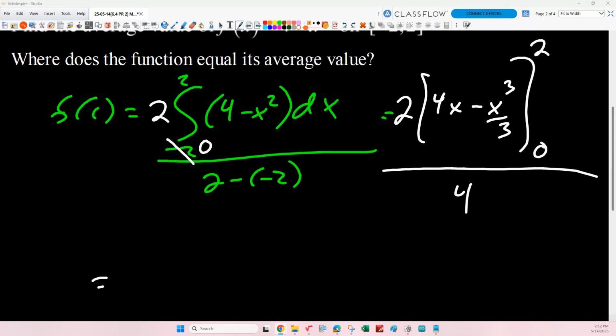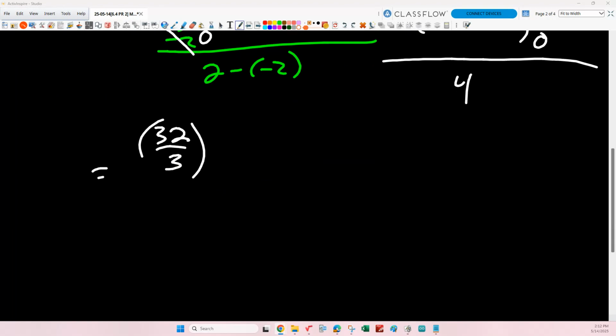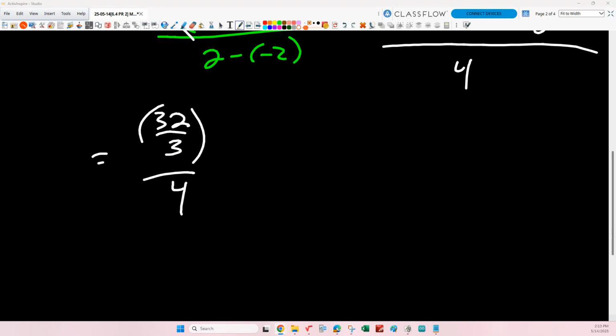Yeah, what's 8 minus 8/3? 16/3. Good. Times 2? 32/3, yeah. So we get 32/3 over 4, which is the same as 8/3, right? Okay, so that's the average value of our function.